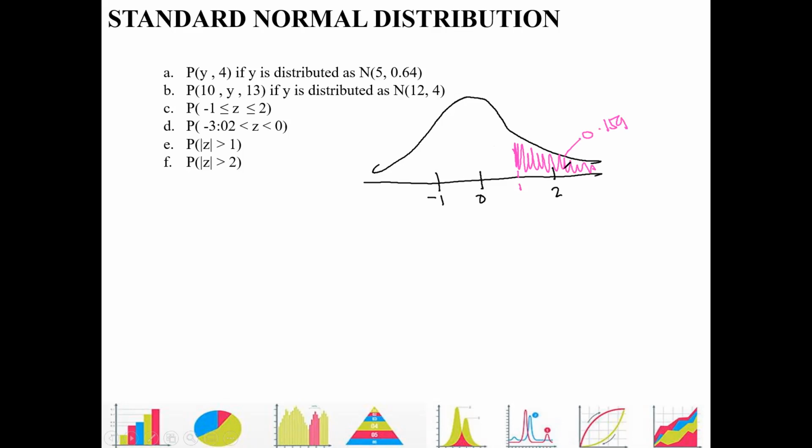Yung positive 2 naman, ang value niya is 0.023. Ito number niya.